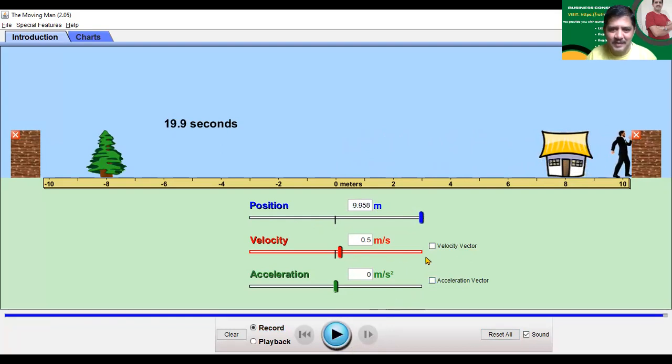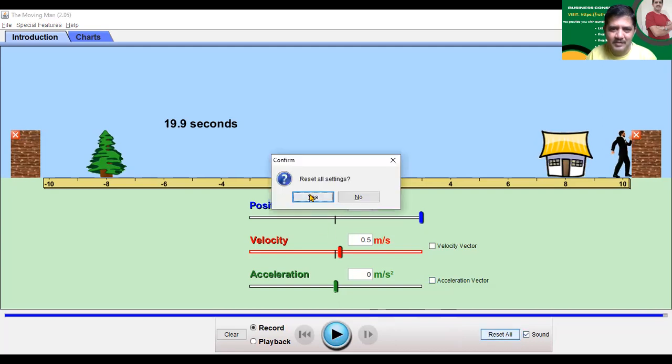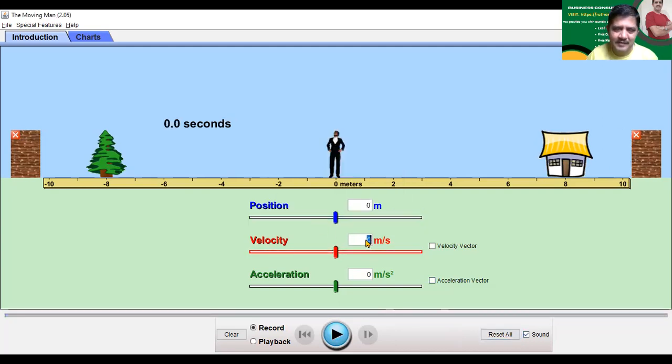How much is it? 19.9. Okay. Reset all. 0.5 once again.